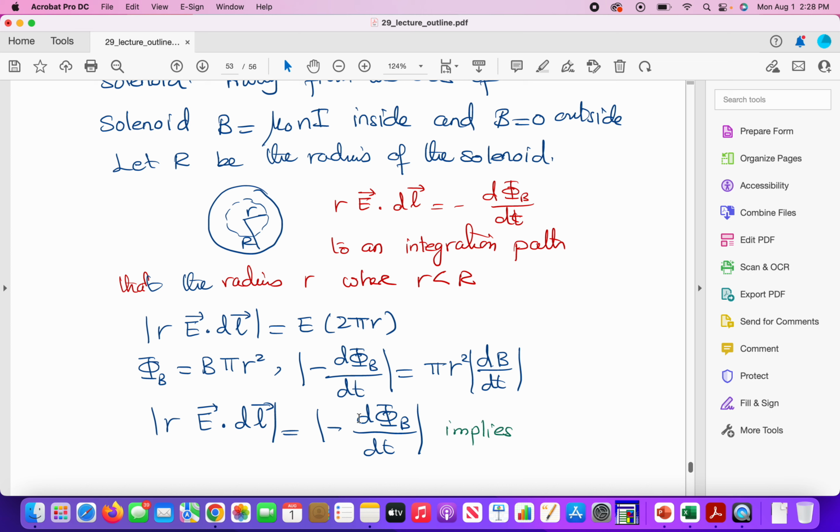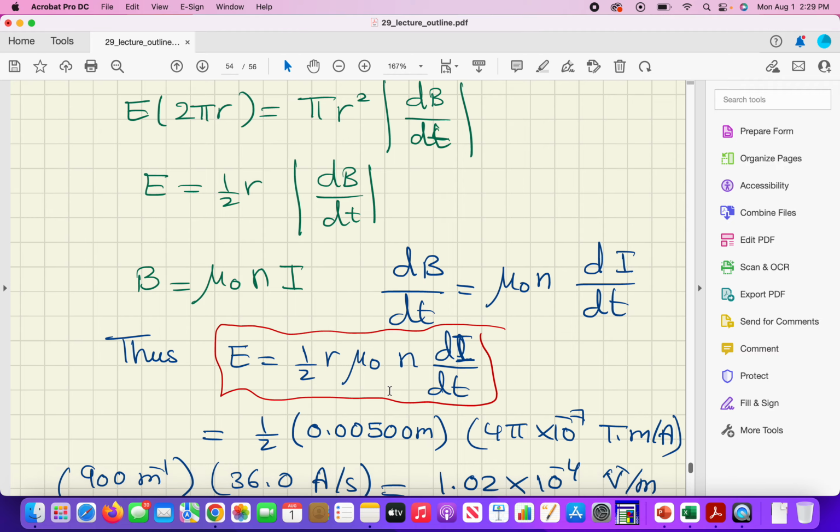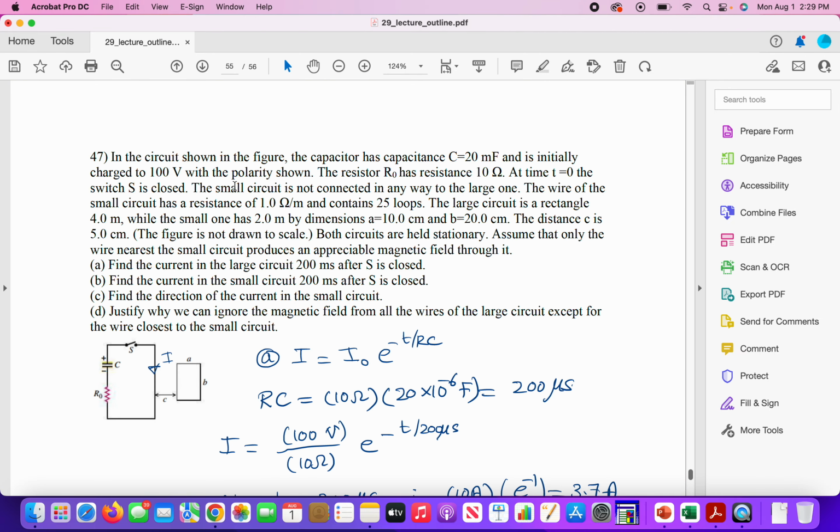Because these two are equal, we can put the equations together, and from that we conclude that E should be 1/2 r dB over dt. Now B is mu 0 n i, then dB over dt is mu 0 times n di over dt, and from that we will be able to calculate the electric field.